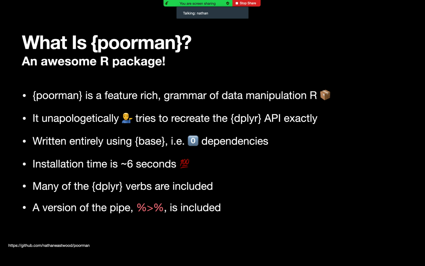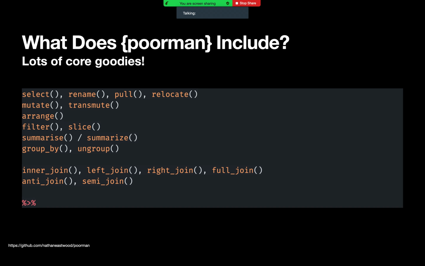So included within the package, there are what I would say the core set of dplyr verbs, and we'll see more of what's included in a moment, but it also includes its own version of the pipe. So therefore, there is no need for the magrittr package, for example. So within the package itself, as I say, there is a core set of functionality which is available.